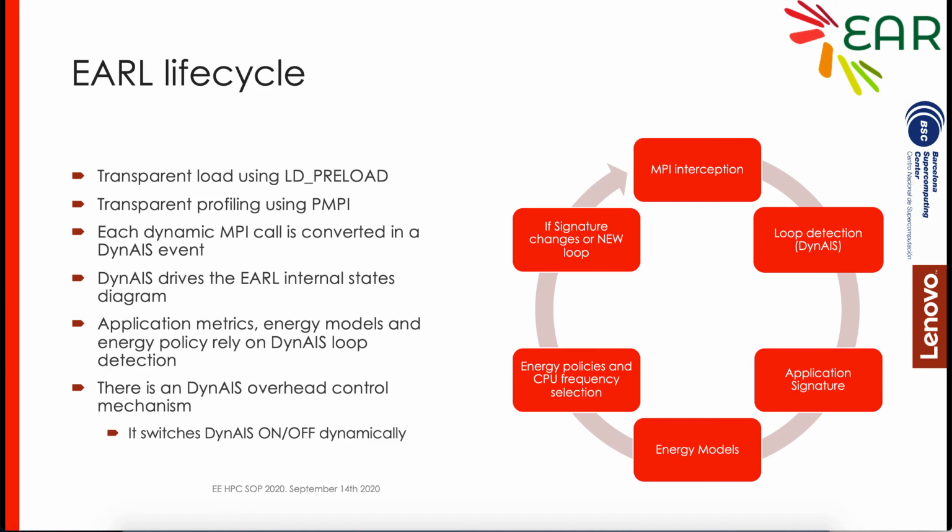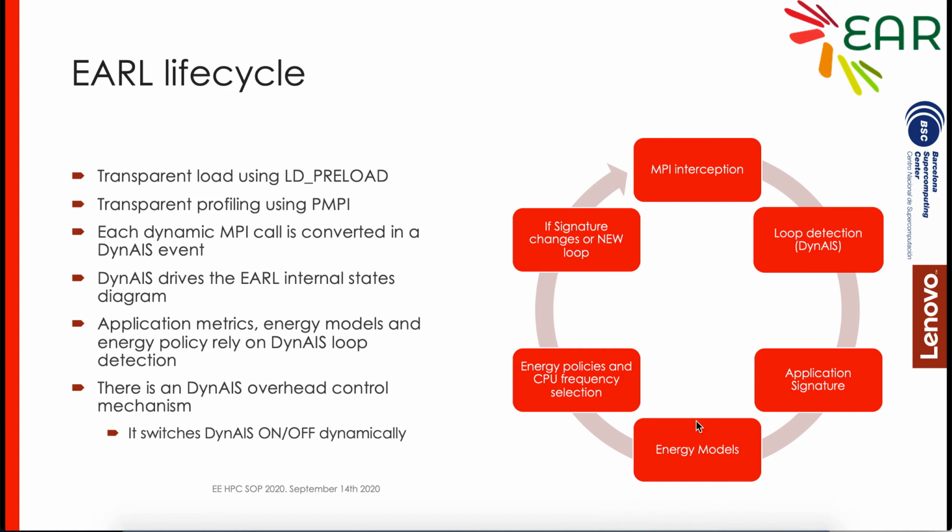We compute the application signature. The application signature is a kind of electronic signature of the application, with a set of metrics that clearly characterize what the application is doing at that moment. There is no need for inputs or information from historic databases. There is no need for anything. It's totally on the fly. The application signature is used in the computation of the energy models.